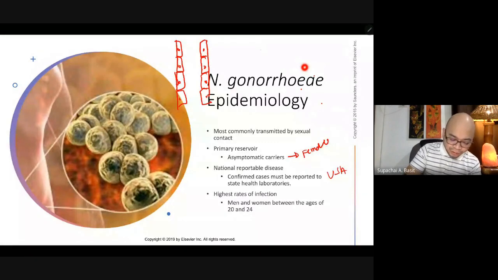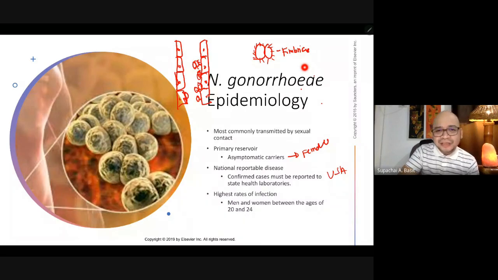If you look at Neisseria gonorrhoeae, we have numerous fimbriae, and these fimbriae will attach to the epithelial cells. So even if you urinate, they cannot easily be detached. You now have several Neisseria gonorrhoeae at the epithelial cells.